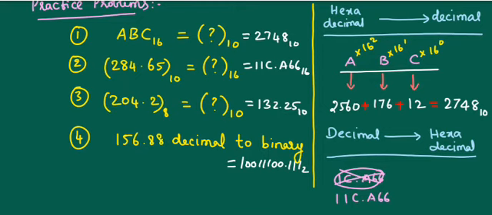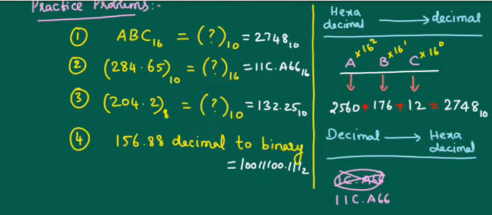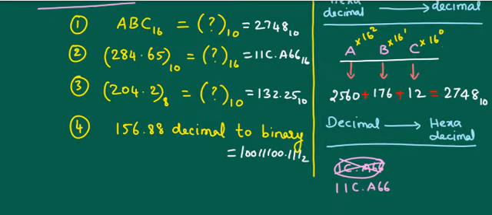So C into 16 power 0, B into 16 power 1 and A into 16 power 2. Do this multiplication, then what will we get? 2560 plus 176 plus 12. Add all these values, you will get the decimal number, that is 2748. Right?